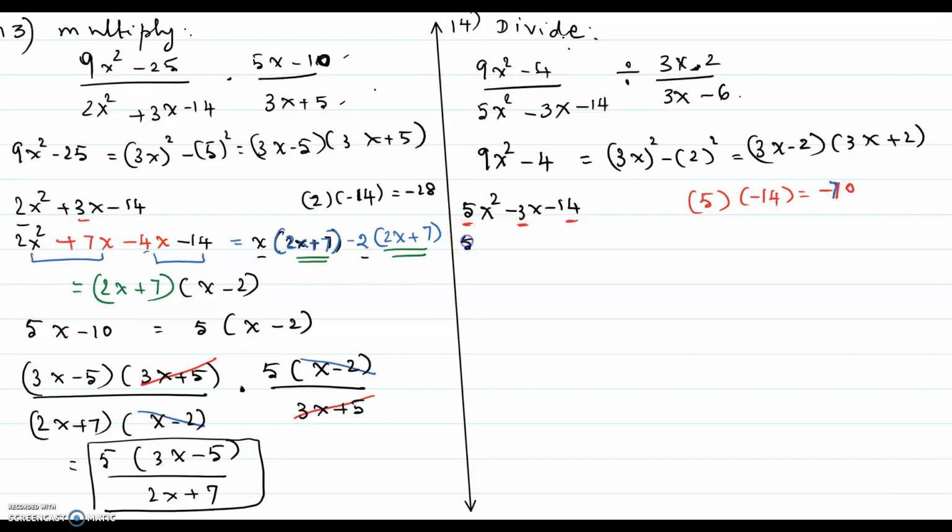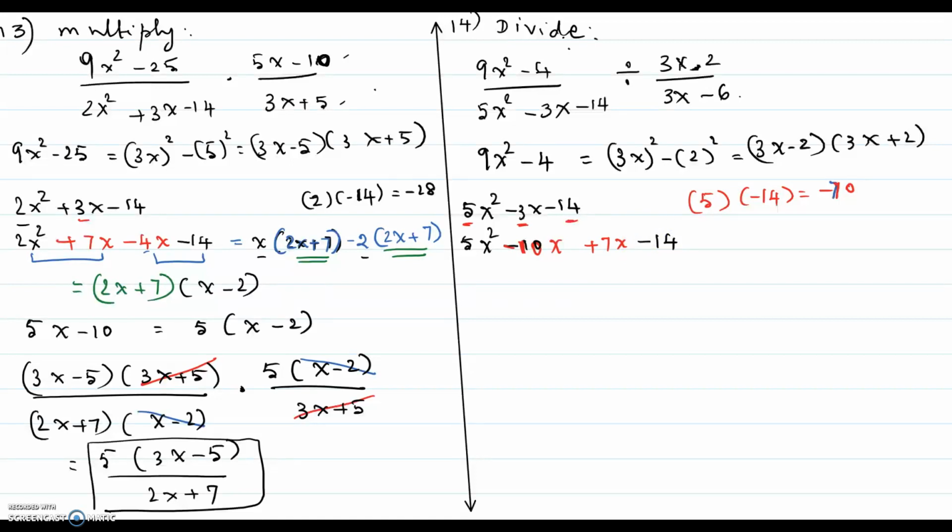So keep the 5x² as is. Write the negative 3x as negative 10x plus 7x. Keep the negative 14 as is.